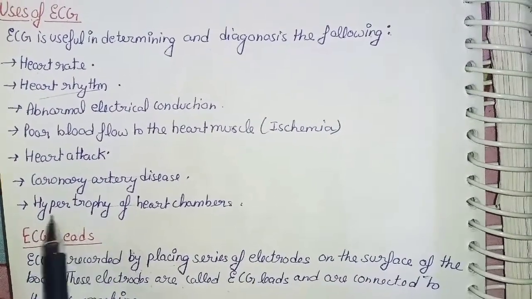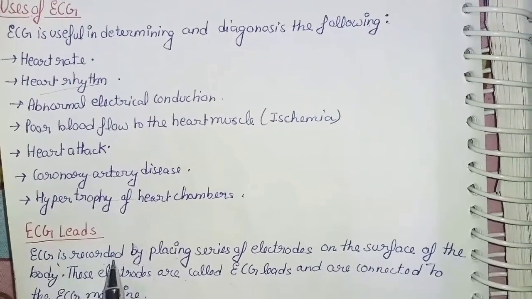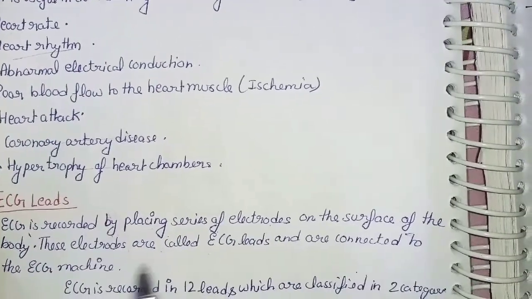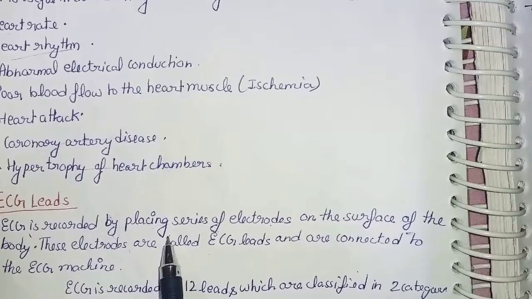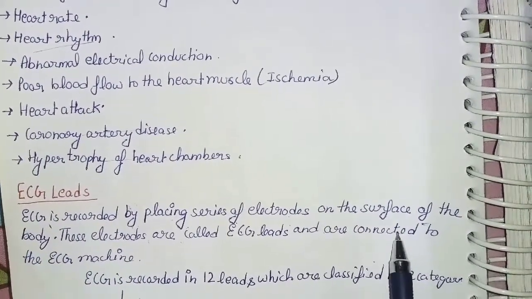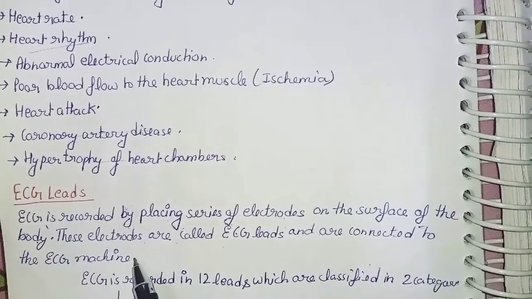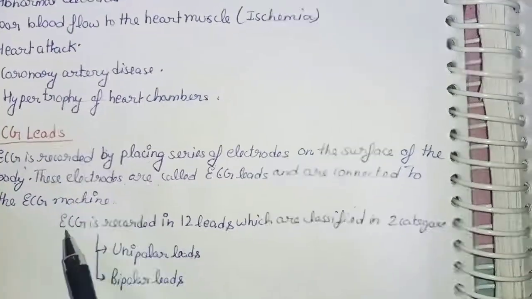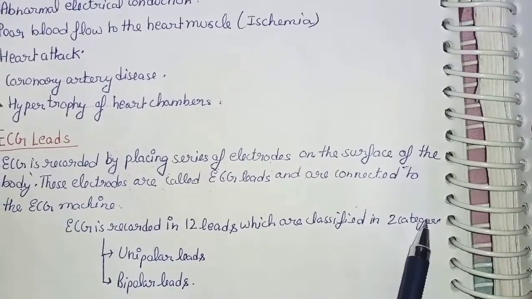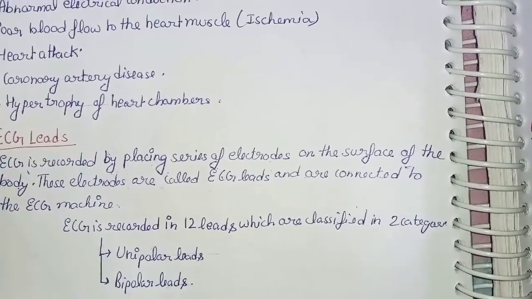Now what are ECG leads? ECG is recorded by placing a series of electrodes on the surface of the body. These electrodes are called ECG leads and are connected to the ECG machine. ECG is recorded in 12 leads which are classified into two categories: unipolar leads and bipolar leads.